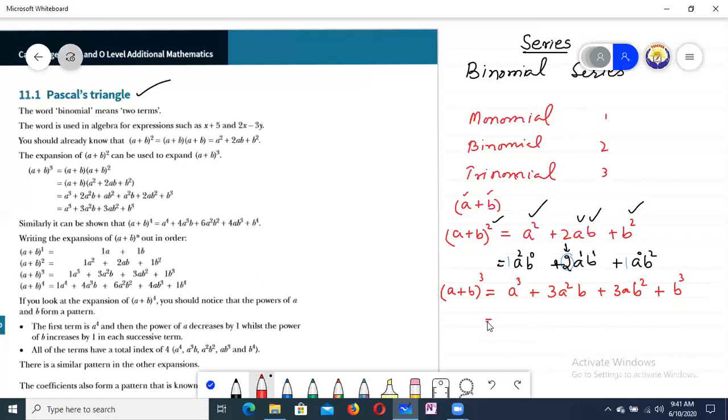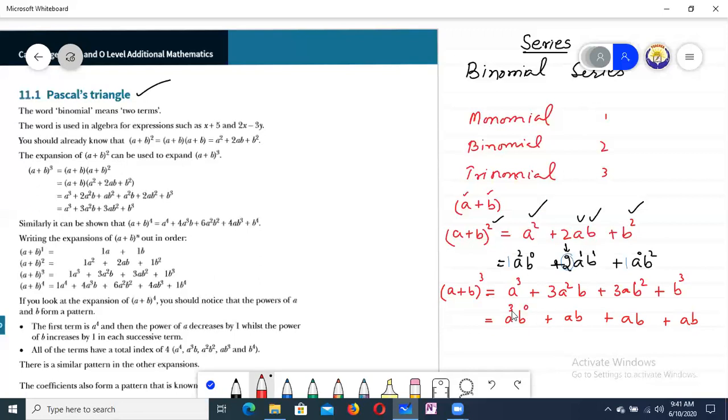Now here, the same thing we will write. The first term ab, in the second term also ab, in place of the third term also ab, and in place of the last term also ab. Then, as we start from the cube, here the degree is 3, we start from 3. a cube b raised to the power 0.